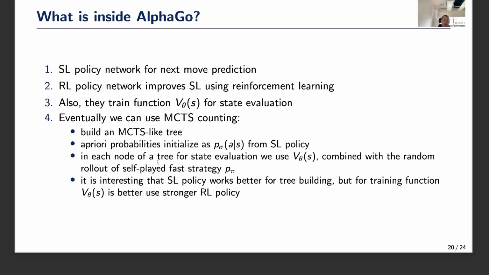Sometimes AlphaGo combines this with a rollout, so it uses a fast policy, plays random moves until the game ends, and averages the result with the value network's prediction. After many thousands of simulations, the most visited child node becomes the next move. So the number of visits acts like a softmax of action probabilities, with more visits indicating higher confidence.